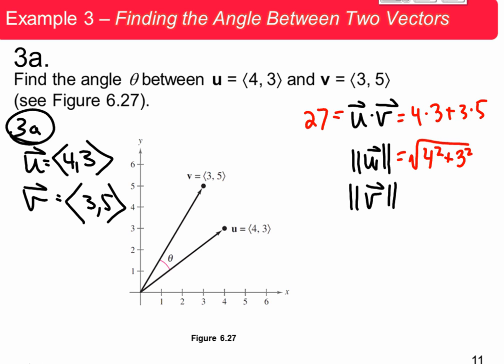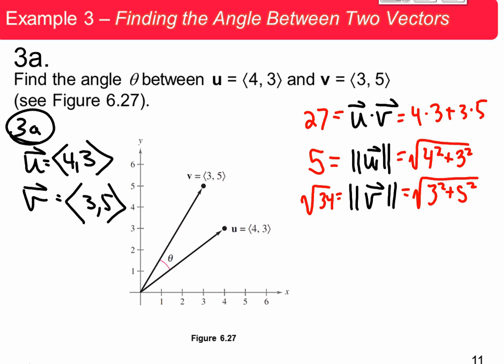It's the distance, so it's the Pythagorean theorem. And what is that? 5. Do you agree? That one works out to be 5. This one, what do you have to do? Same thing: the square root of 3 squared plus 5 squared. What is that? The square root of 34.